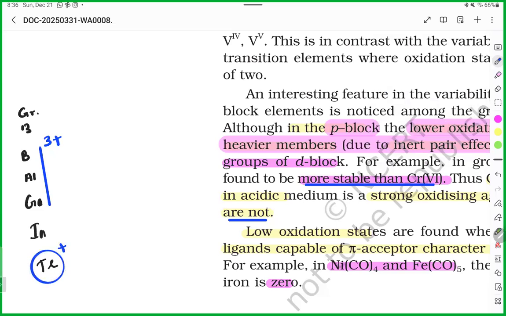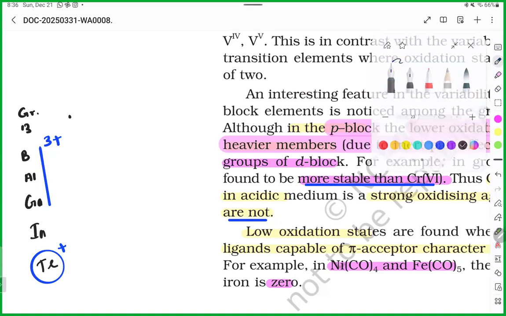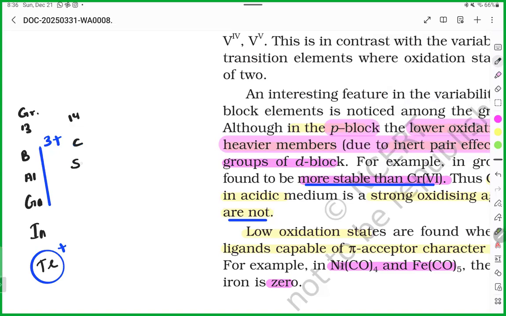Heavy member has less charge. Same in group 14, the carbon family. If you see, the first member has +4, but lead shows +2.